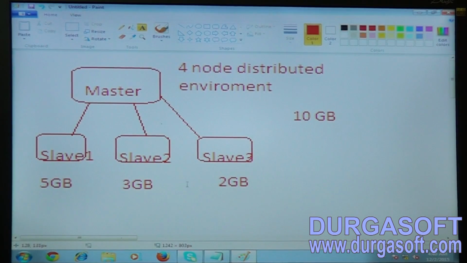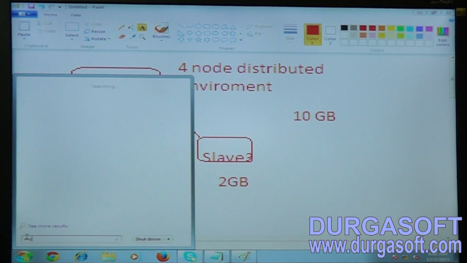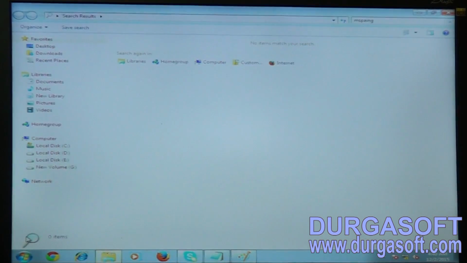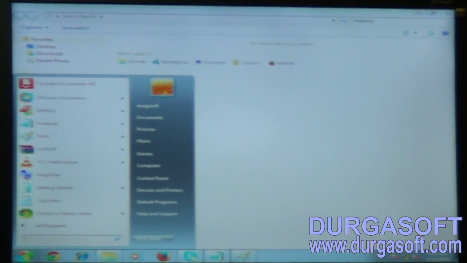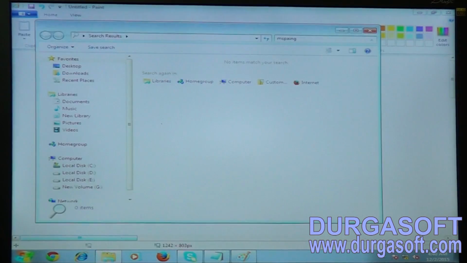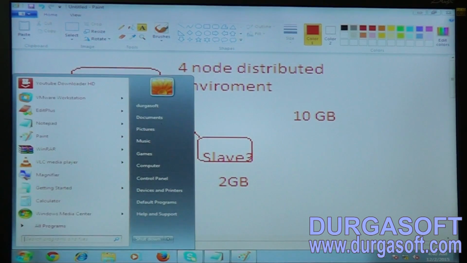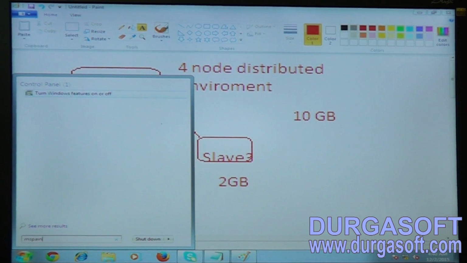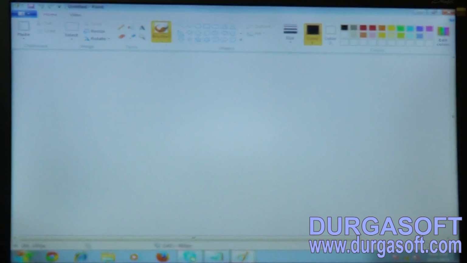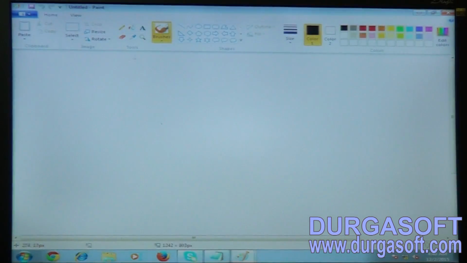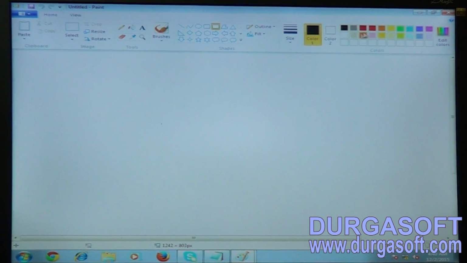As I was saying, Hadoop is a distributed environment. Distributed environment means a network of machines connected together.